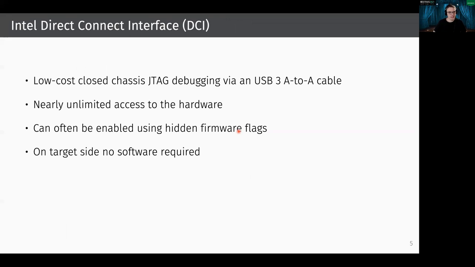It's meant for closed chassis, JTAG-like debugging, and usually such in-target debugging can only be done using expensive special hardware. But as already said, in this case, the only thing you need is this kind of special USB-A to USB-A cable.